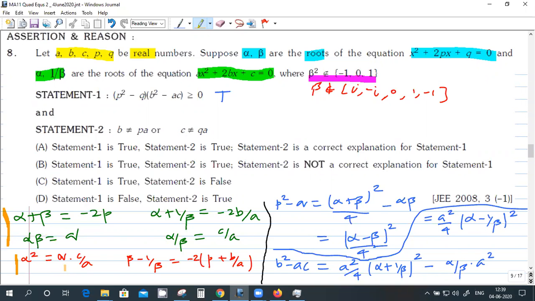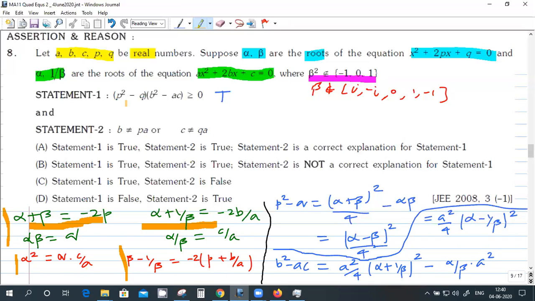Similarly, if I subtract these two, I'll get beta, because alpha is going away. So I've got alpha in terms of one and beta in terms of this one.